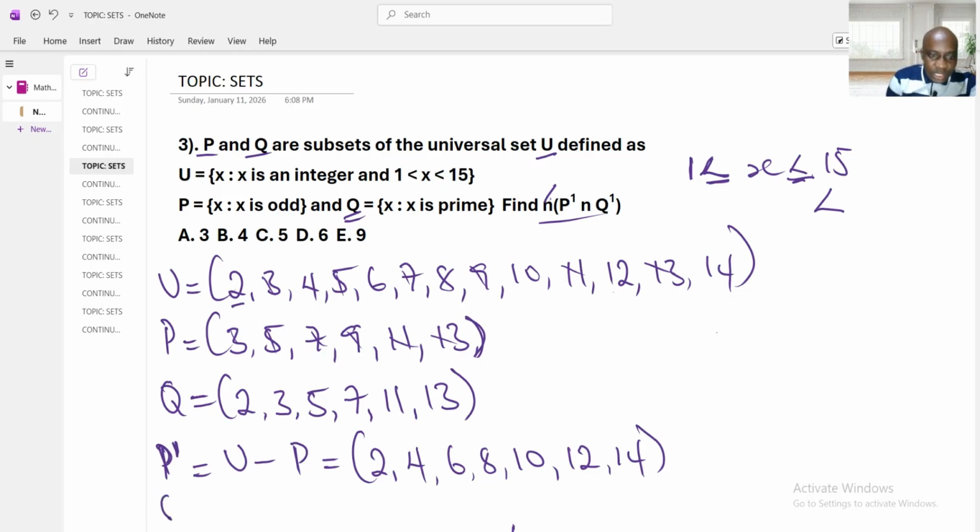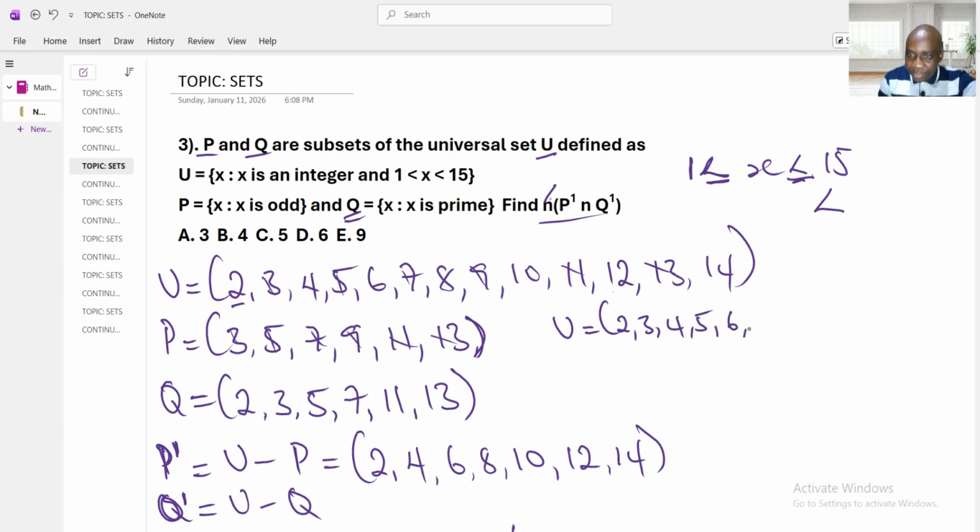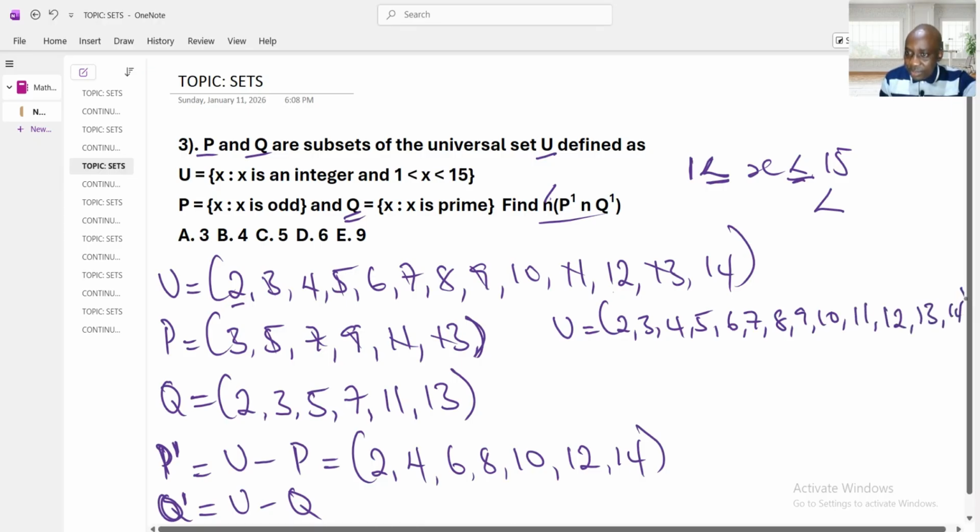The next one is Q. Q raised to power 1. Universal minus Q, isn't it? Now, let me rewrite the universal set here because I've altered this one. You have 2, 3, 4, 5, 6, 7, 8, 9, 10, 11, 12, 13, 14.